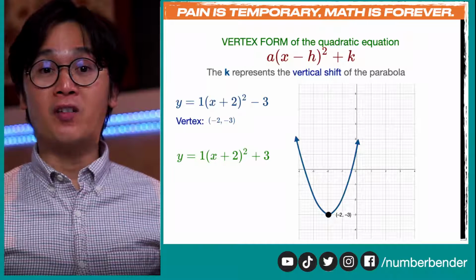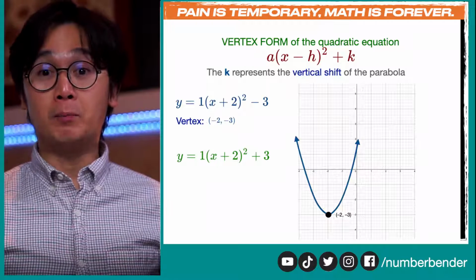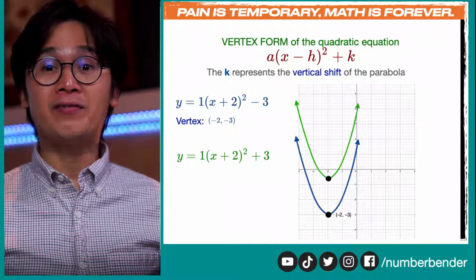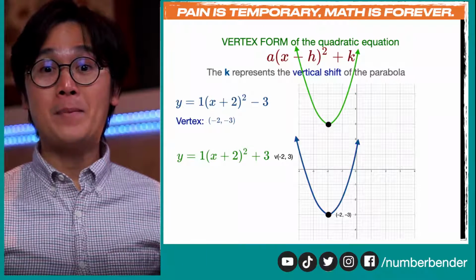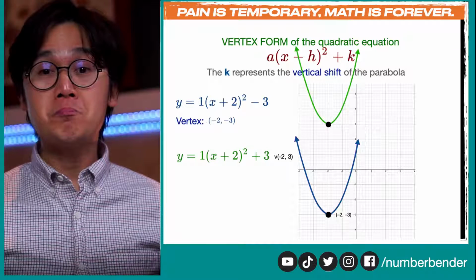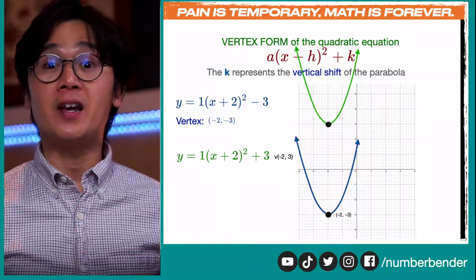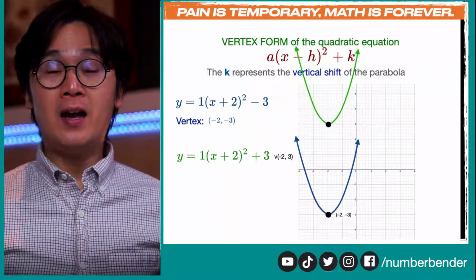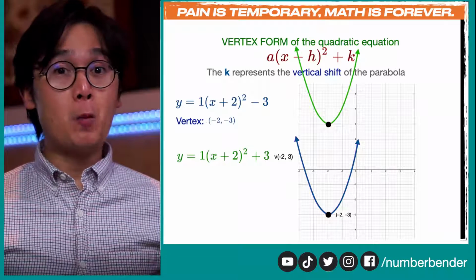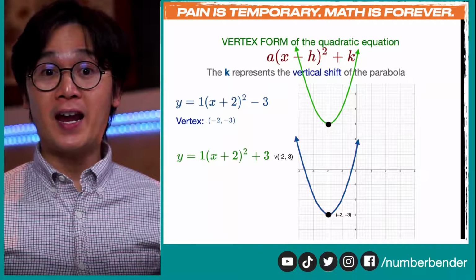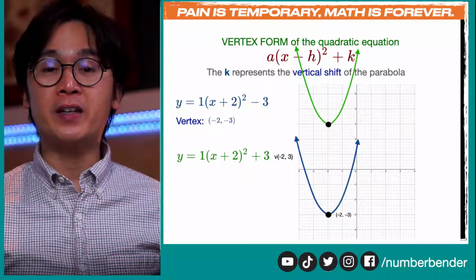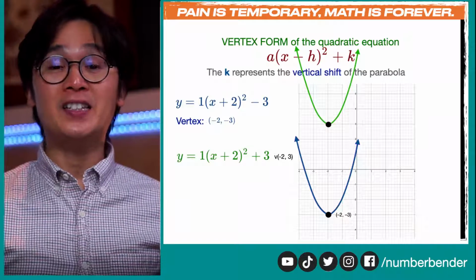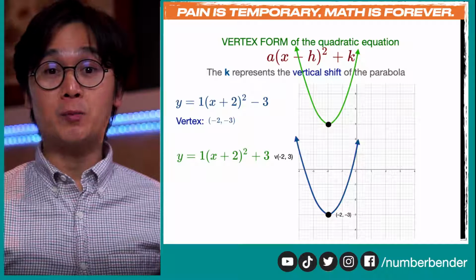That means our vertical shift from our blue graph to the green graph is going to go upward, where the vertex is now at negative 2 and positive 3. So notice that the parabola has the same width, same opening, but the vertex is now above our main function because our k is changed from negative 3 to positive 3.